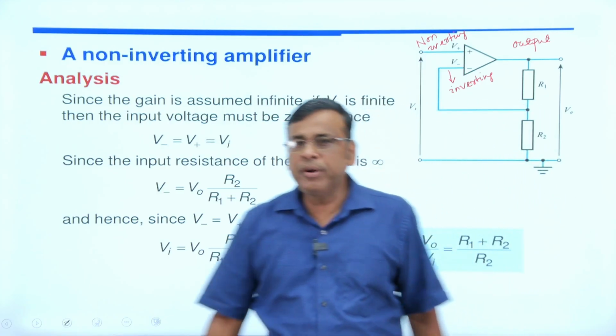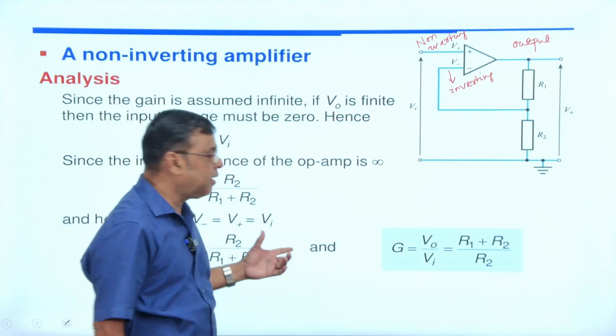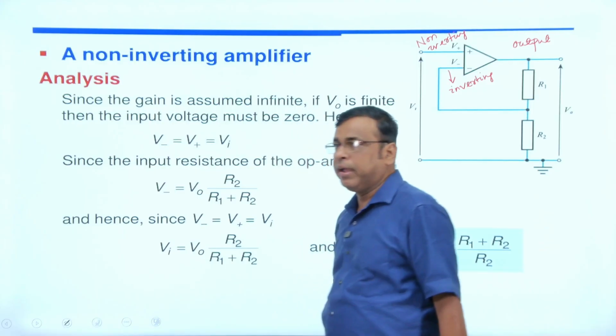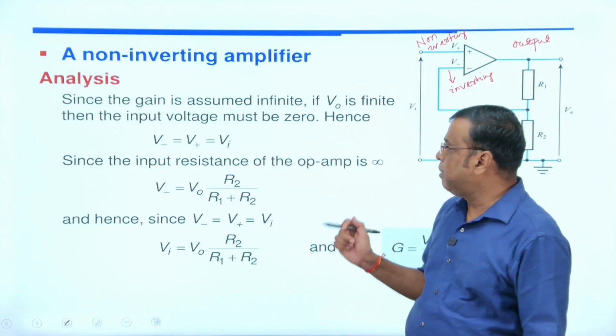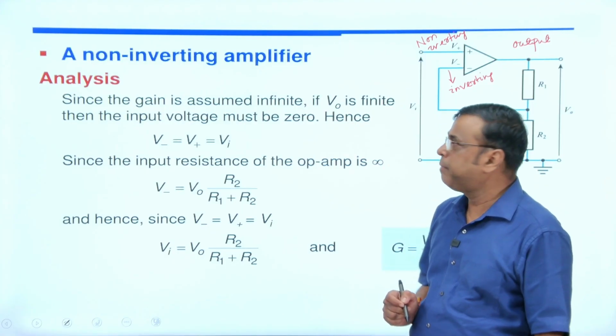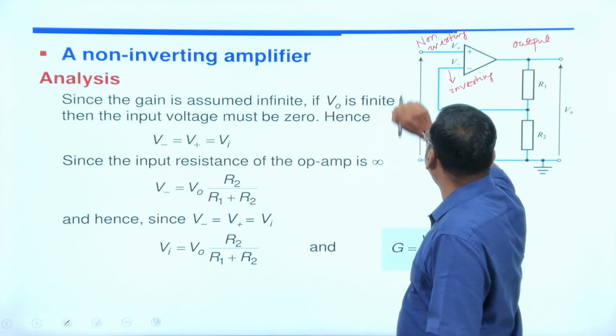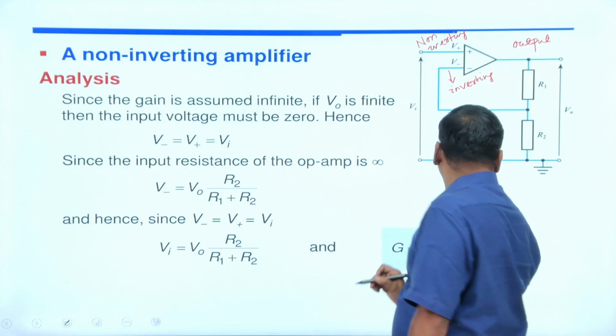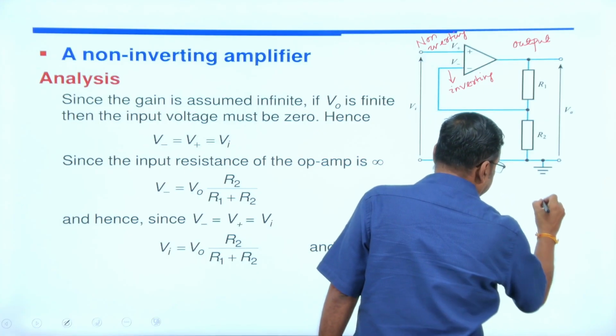In the previous slides, you saw that in the non-inverting input, the gain is positive, which means the input and output voltage will be in the same phase, a phase difference of 0 degrees. In the non-inverting amplifier, we give the input voltage to the non-inverting terminal, the plus terminal.